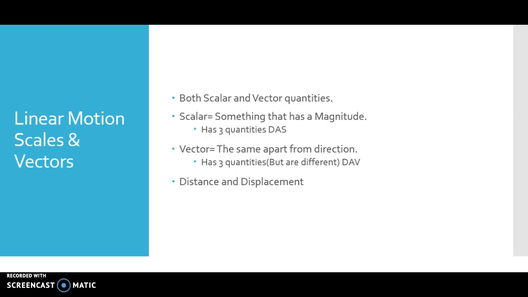DAS stands for distance, acceleration, and speed, whereas DAV stands for displacement, acceleration in a given direction, and velocity. So once again, distance and displacement are different for scalar and vector.